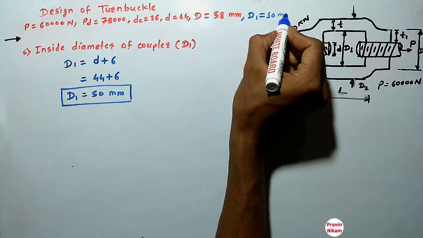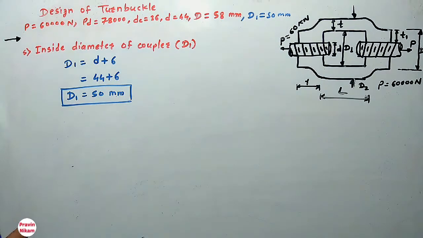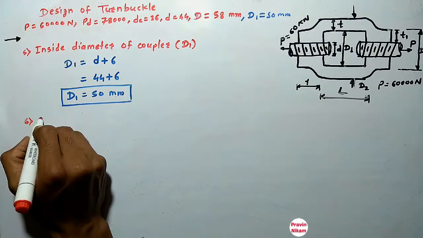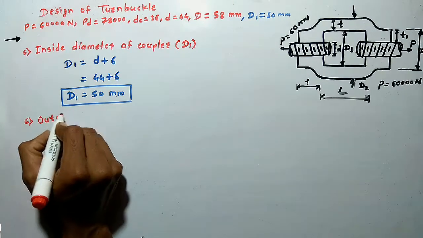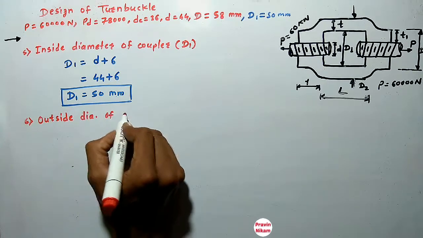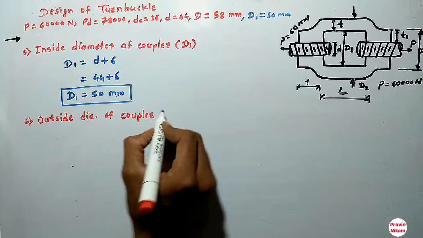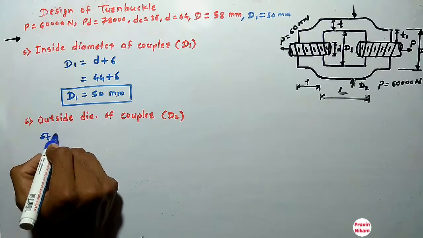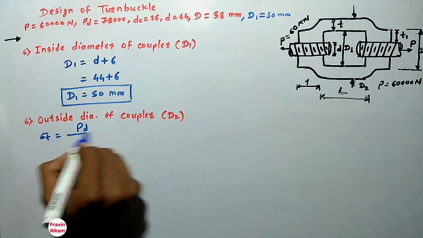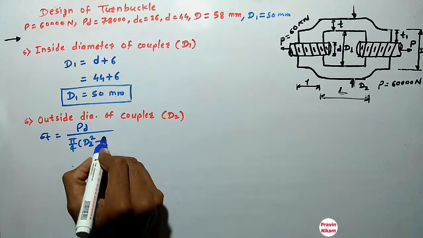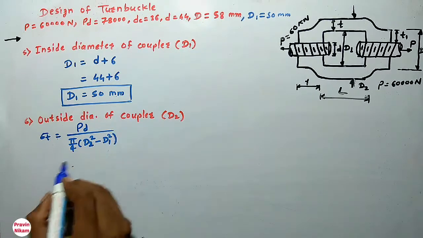D1 is 50 mm. Now let us see the next dimension, that is the sixth dimension, outside diameter of coupler, that is capital D2. Outside diameter of coupler, that is D2. So coupler fails due to tension. So sigma T is equal to PD divided by pi by 4 (D2 square minus D1 square).